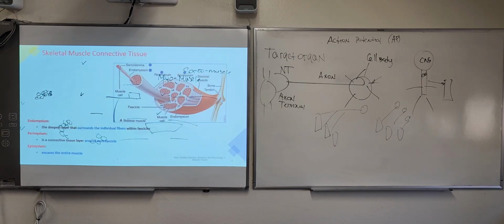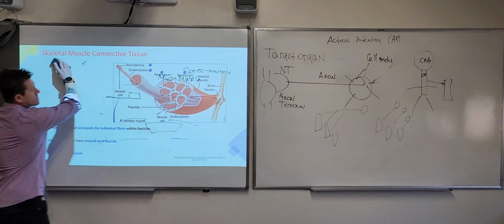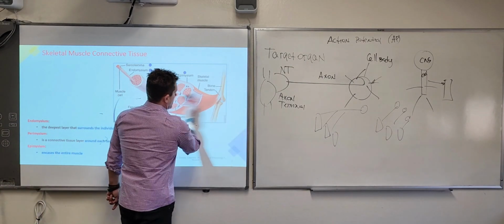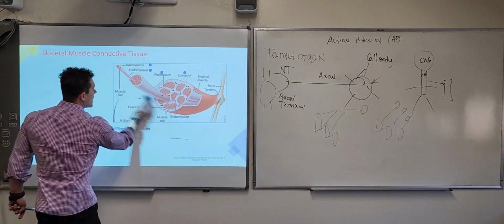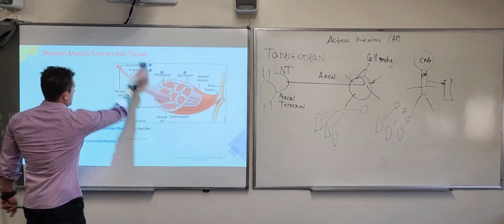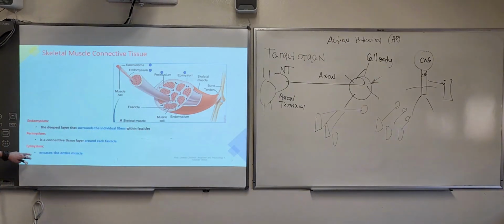Well, it is good to know, but the outermost layer of the entire muscle is wrapped around by epi on top. Mysium, mysa, related to muscle as well. Myo. Epimysium, not mysium, but epimysium.